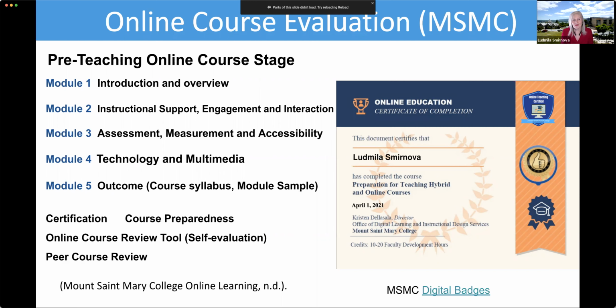And module 5, and in each module, faculty were building parts of their course. In module 5, they had to design a course syllabus, which our department also provided a sample of, based on best practices, showing what an online course should look like.